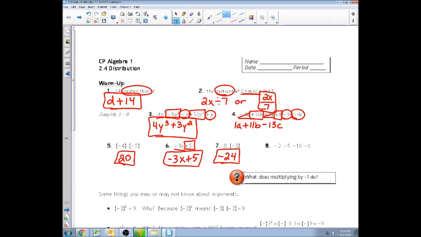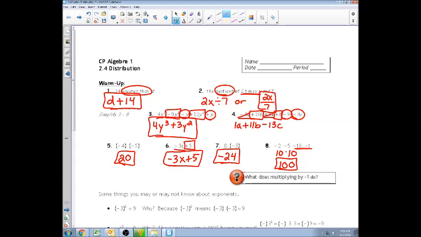Well, it's a negative times a negative, so we know it's going to be a positive. 2 times 5 is 10. I can then multiply and just look at these two on their own. Negative 10 times negative 1. Again, a negative times a negative is a positive. 10 times 1 is 10. So 10 times 10 is 100. You could also just do all those on one line if you would like.